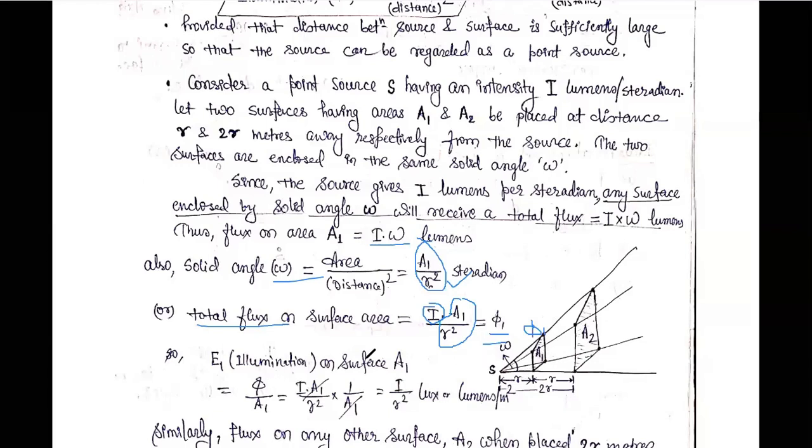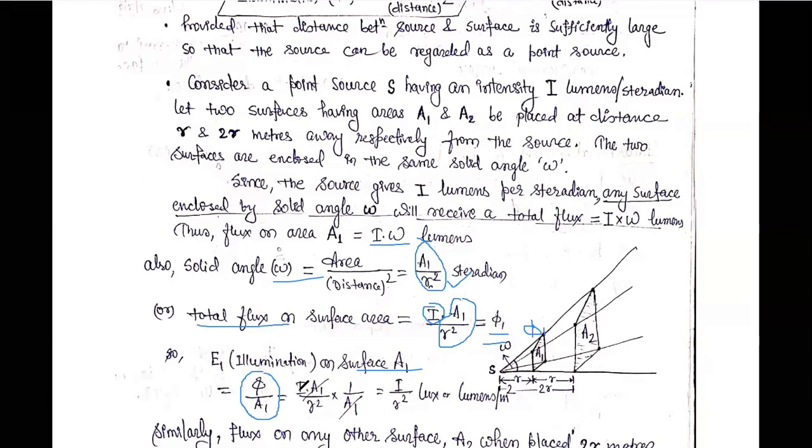So how can we write the illumination on the surface A1? This is equal to total flux divided by area. That is the illumination as per the definition. E1 at this surface is phi divided by A1.